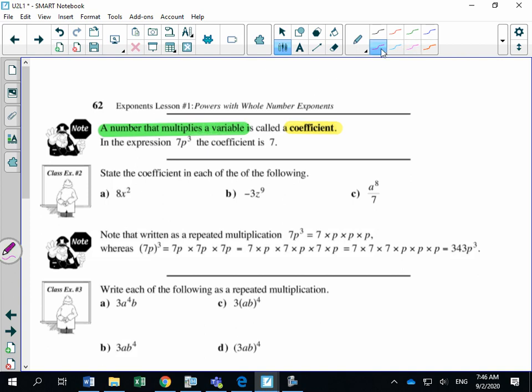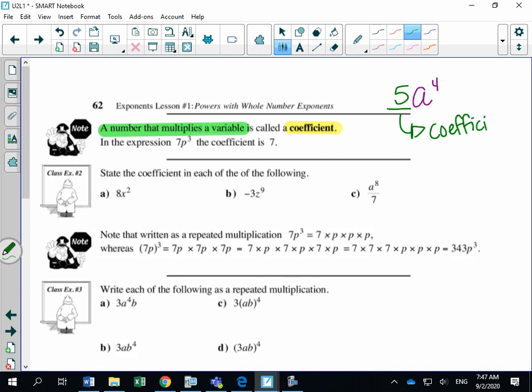So if I gave you, let's say, a to the power of 4, that is my variable. My variable is a. A is my base and 4 is my exponent. This is my power. If I put a number in front of this variable, so I'm going to put a 5 there, that 5 is what's referred to as my coefficient.